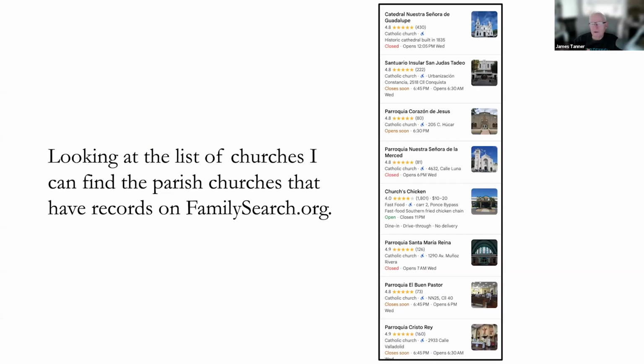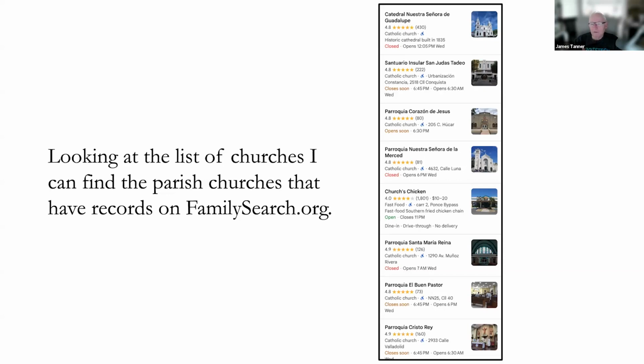You would also know whether you didn't have records from that parish, and you may then have to look to determining what the diocese was. But that's a simple enough search that's done online.